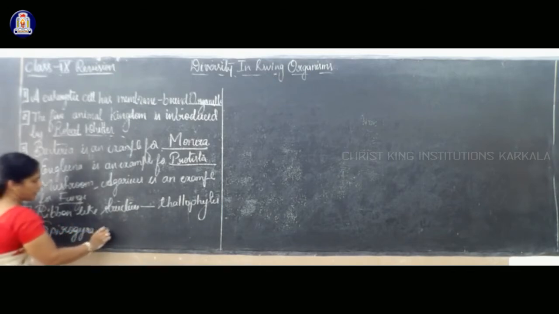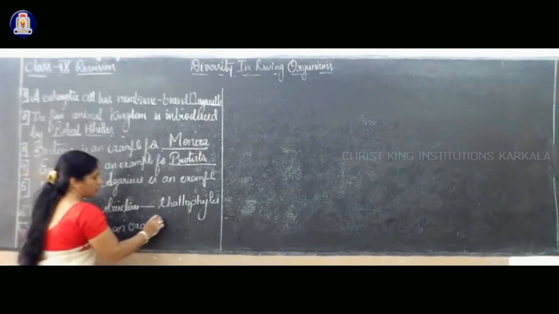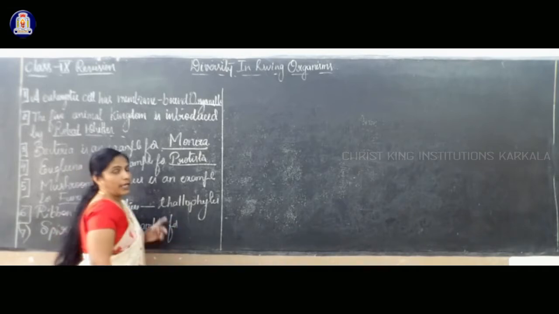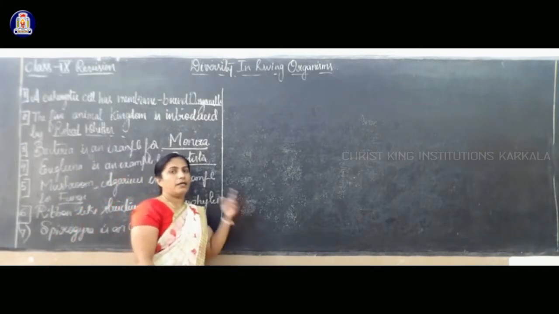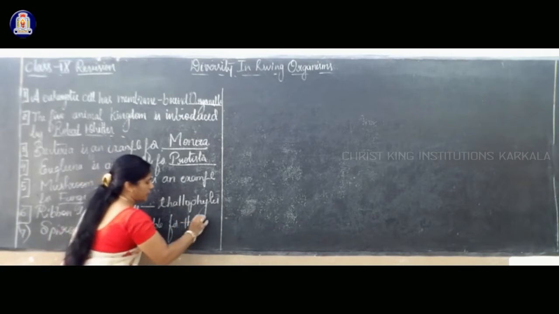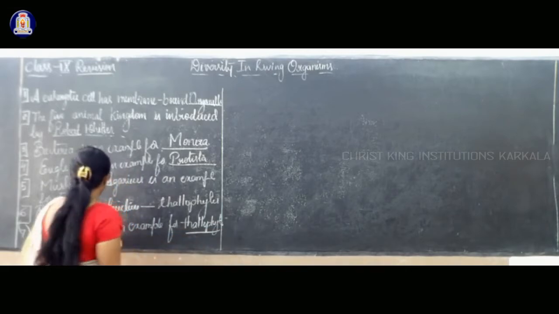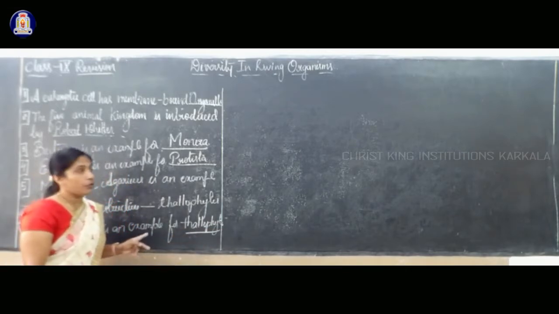Spirogyra is an example for dash: Thallophyta, Bryophyta, Pteridophyta or Gymnosperm. Answer is Thallophyta. So this is Spirogyra.